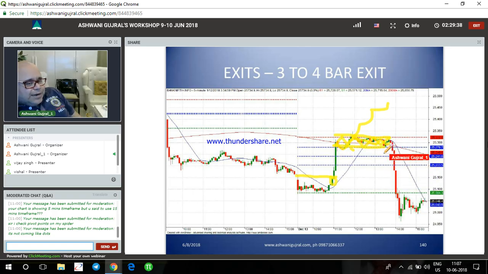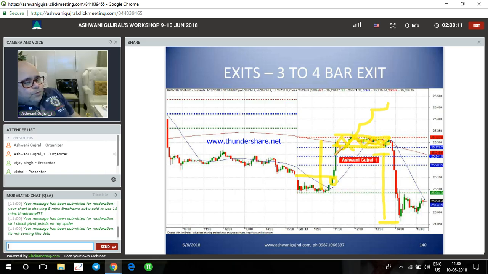So the idea is if you are getting these big bars, take it off. Why? Because this cannot continue forever. This is the maturity phase of any sort of trend. So wherever you are having positions, this could be a daily chart.